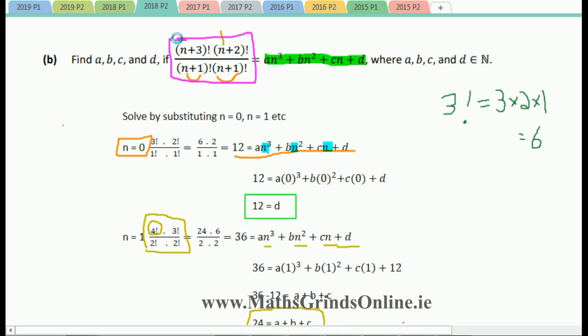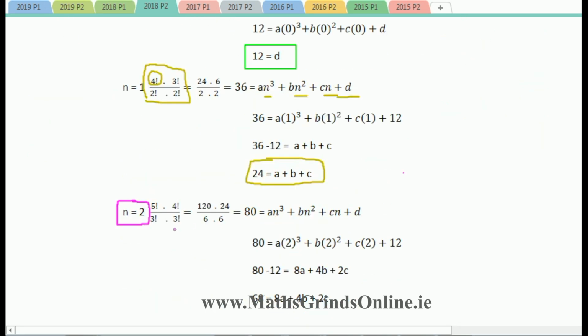We're now subbing in n is equal to 2, so I'm going to get 5 factorial multiplied by 4 factorial, and on the bottom line I'm going to get 2 plus 1, that's 3 factorial times 3 factorial. Okay, that's what I'm going to get as I move into n is equal to 2. You can see that's written right there on the screen. So I'm multiplying that out then, that comes to 80.